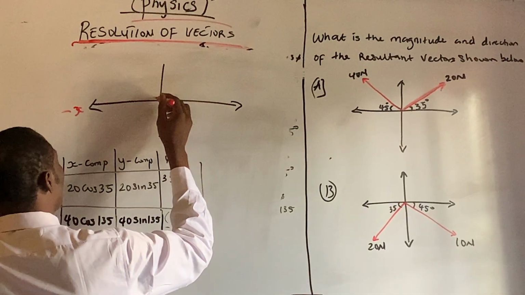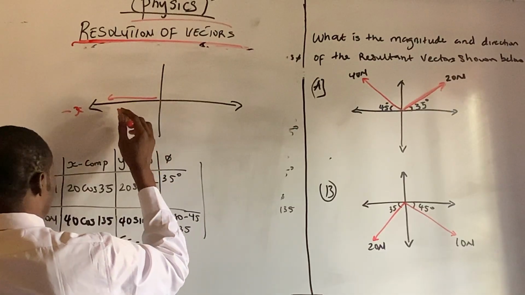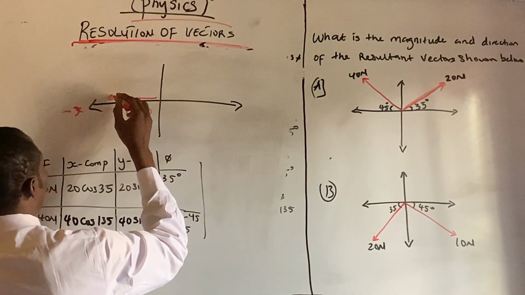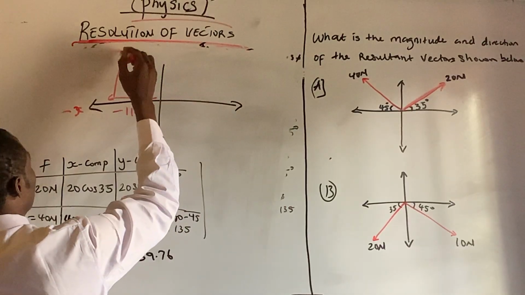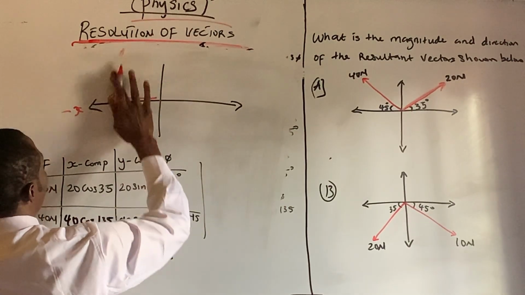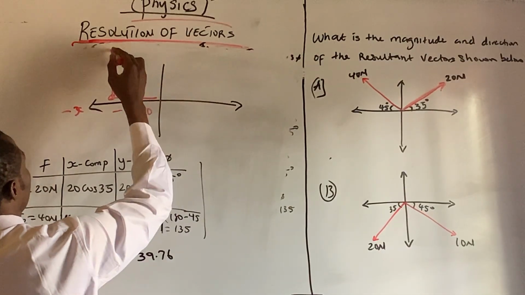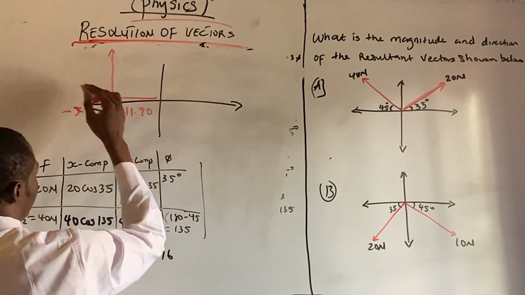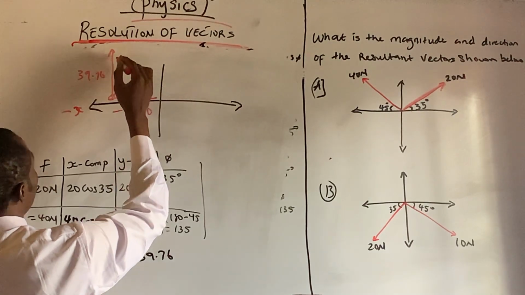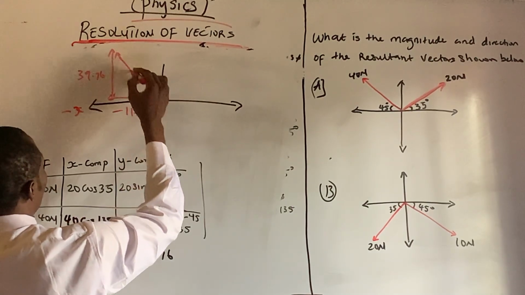So my vector is going in this direction at about negative 11.90, and positive in this direction, the positive y-axis. The y-axis is positive, so it's moving up, at about 39.76.